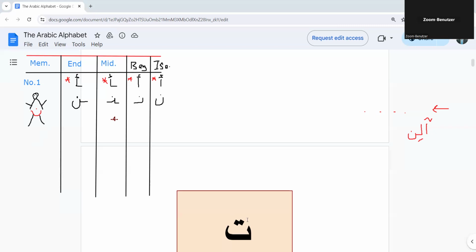Can you guess, or can you remember which letter this was? Is it ba or noon? No. How many dots are here? 2. And on top or at the bottom of the boat? On top.